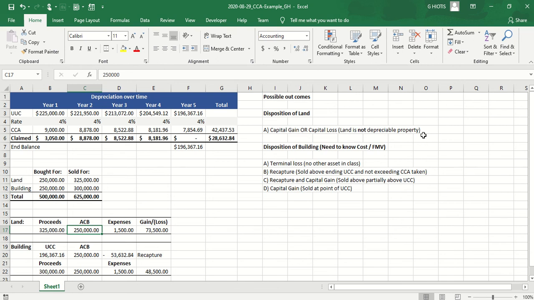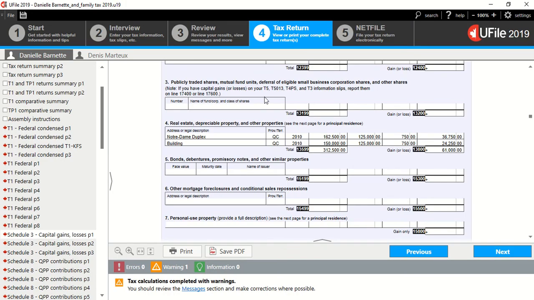Land is not depreciable property, so for a disposition of a building, you need to know the cost and the fair market value, and you can have a terminal loss, you can have a recapture and capital gain, and a plain old capital gain in the case where you sold it having virtually claimed no CCA in the past.